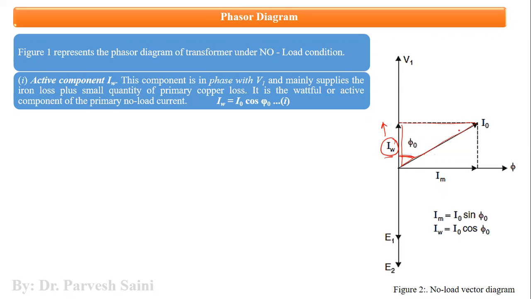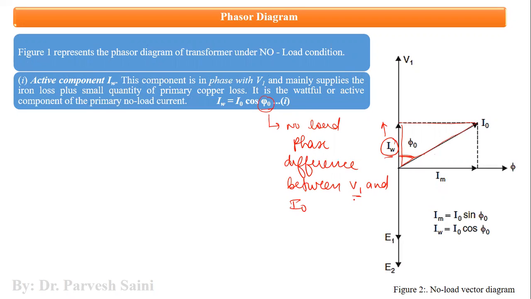So Iw is I naught cos phi naught, where phi naught is the no load phase difference between V1 and I naught, where V1 is the primary voltage and I naught is the primary current under no load condition, right?